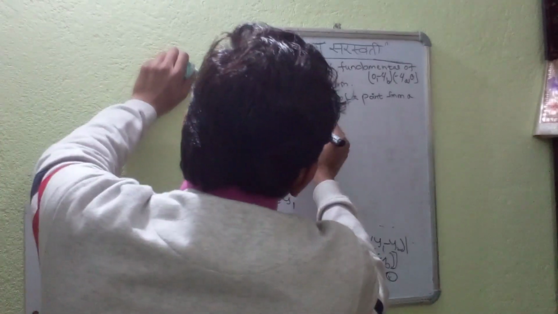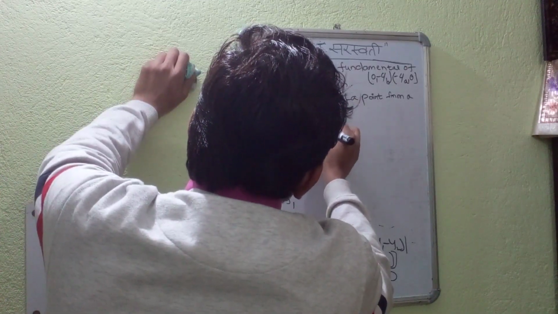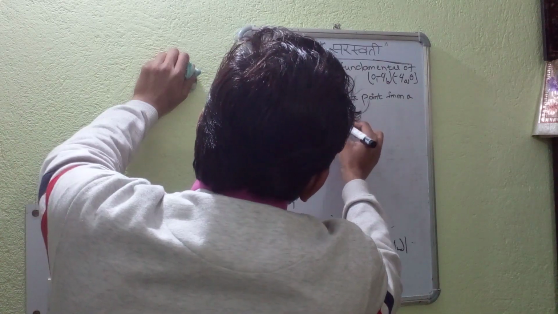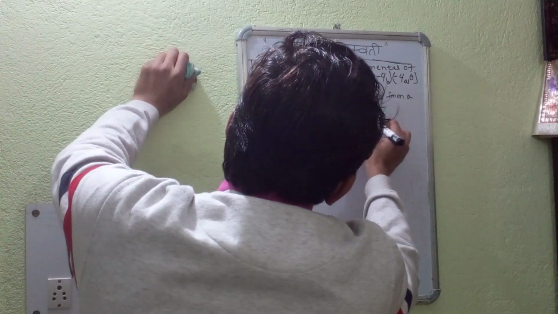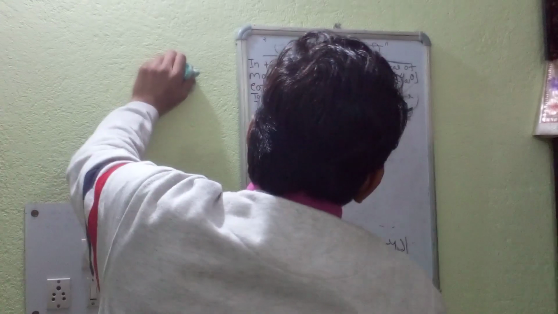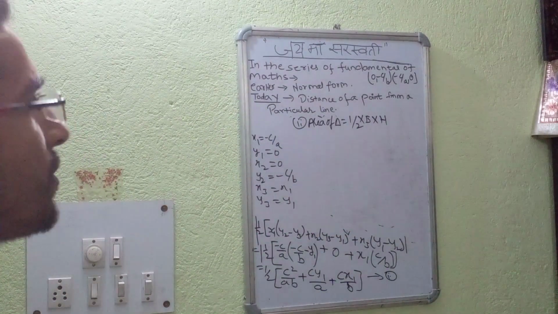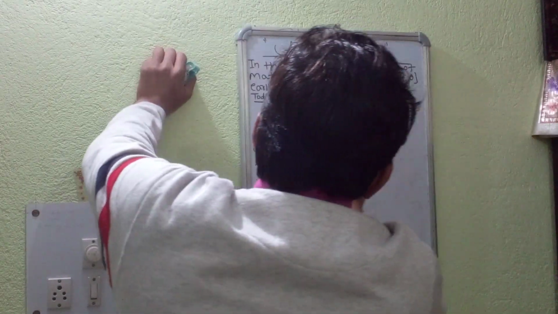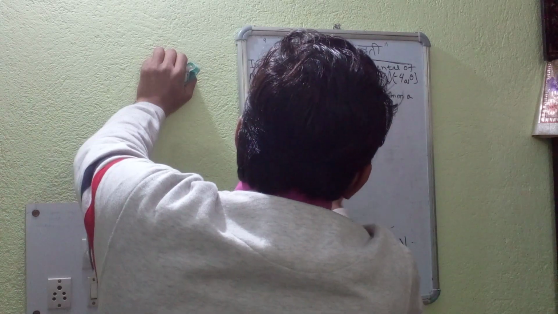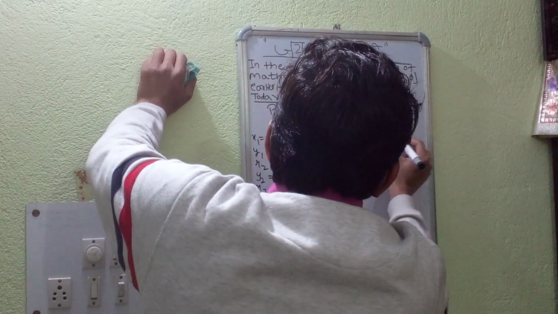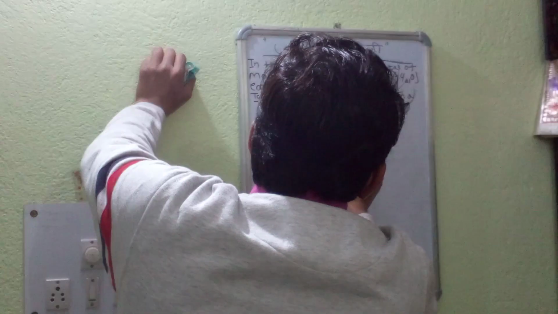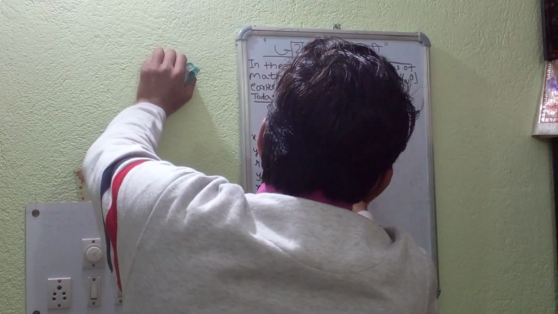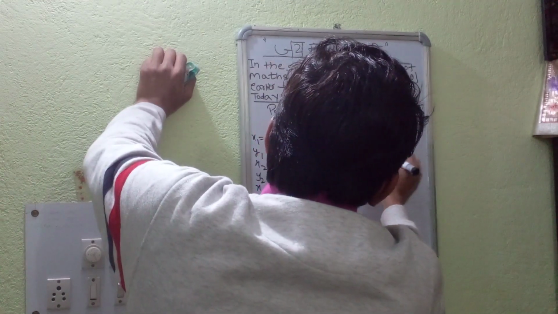Now the second case, we will be calculating the area of the triangle as half into base into height. What is the base here? For the base, we have to calculate the distance between these two. The base will be equal to under root of (0 minus (minus c by a)) whole square plus (c by b) whole square.